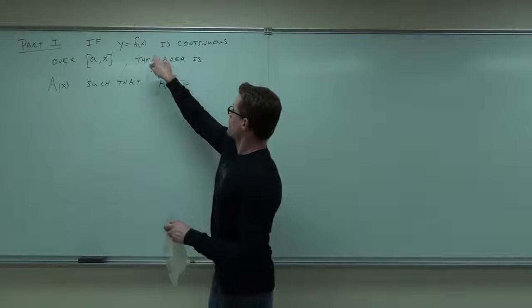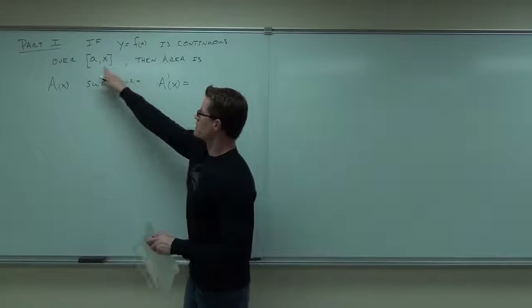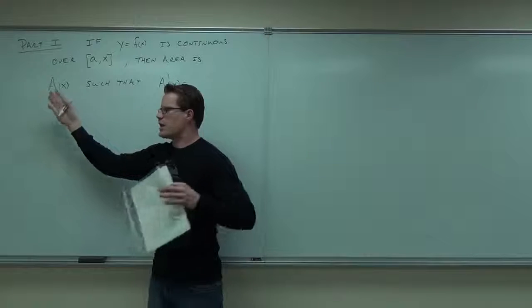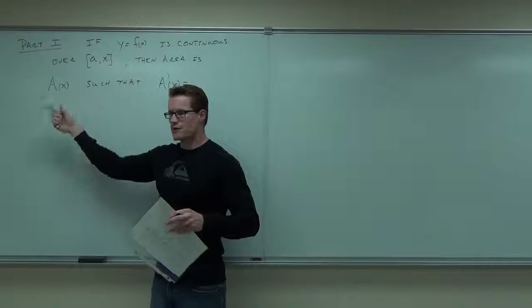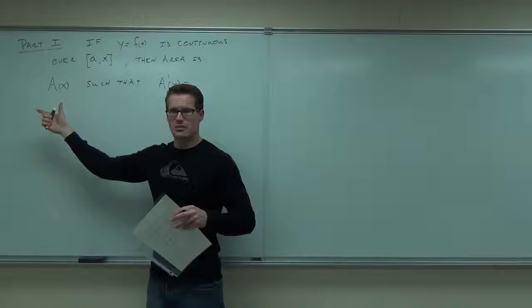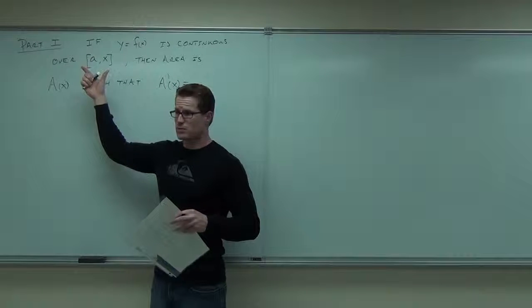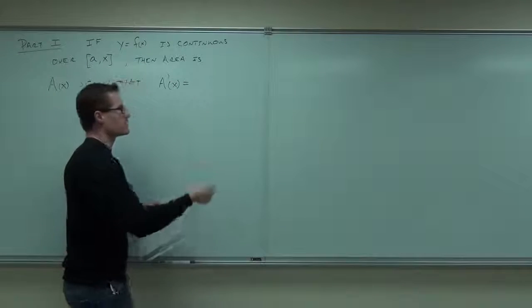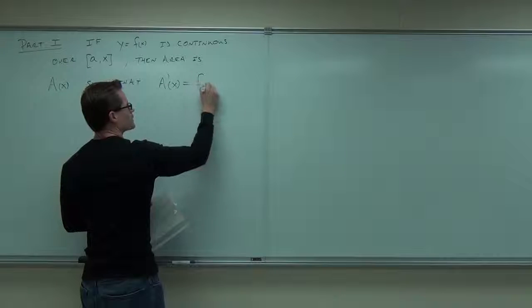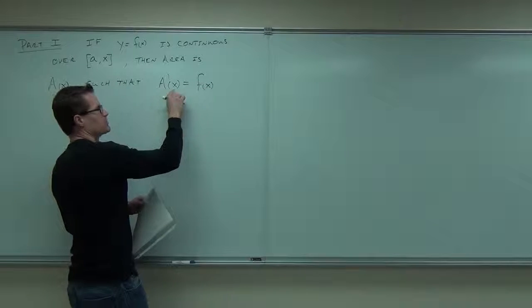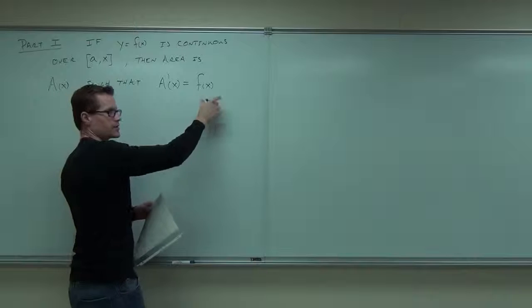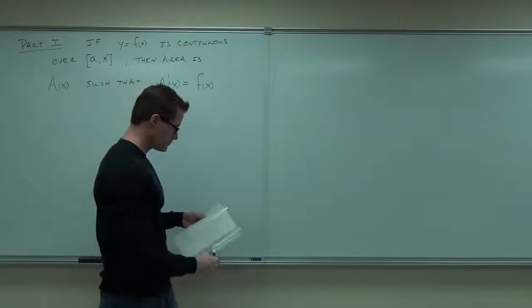So if f of x is continuous over this, then the area is A of x, some area function, and the derivative of the area function must give me back my original function. That was the antiderivative thing, saying that this is the antiderivative of that, treating this like a derivative going backwards.